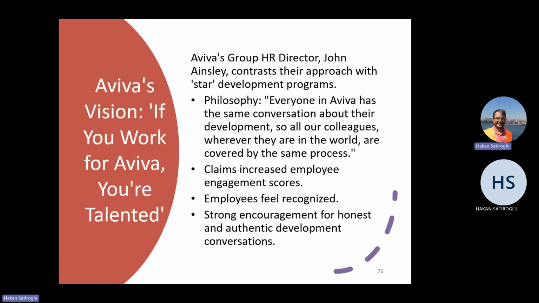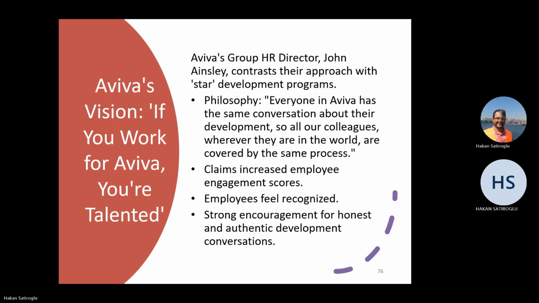The philosophy: everyone in Aviva has the same conversation about their development. So all our colleagues, this is their speech, okay? All their colleagues, wherever they are in the world, are covered by the same process. Can you imagine? This is a just distribution. This is equity. This is integrity, I think.